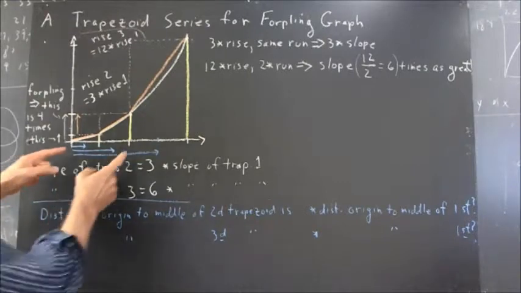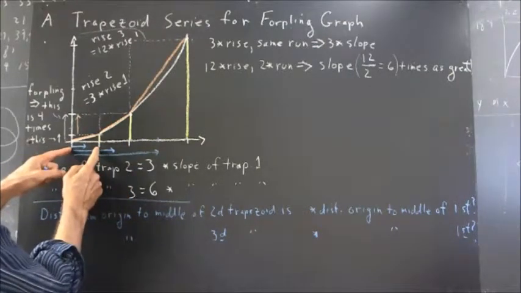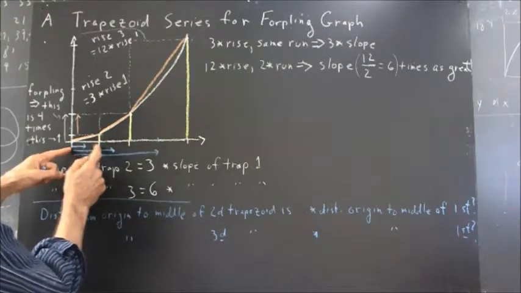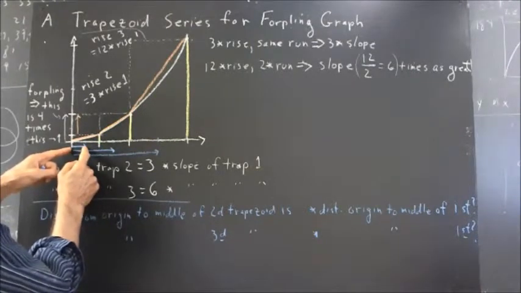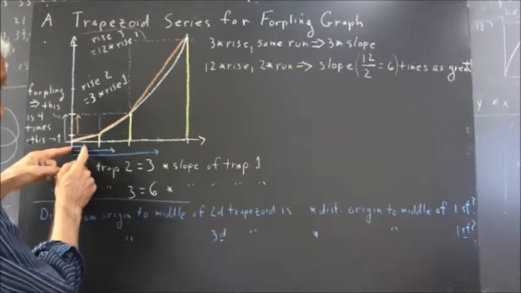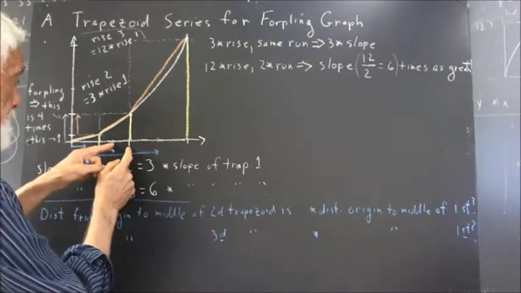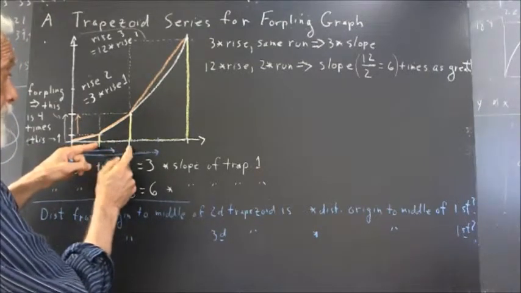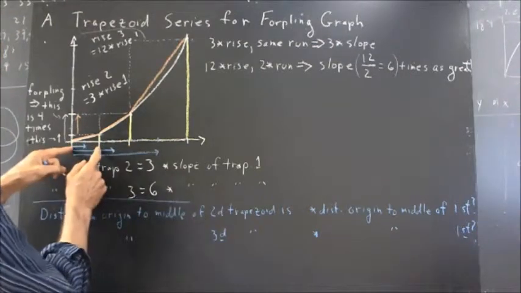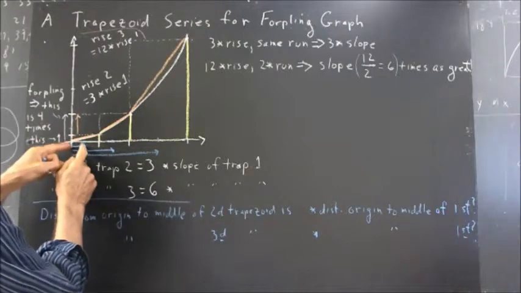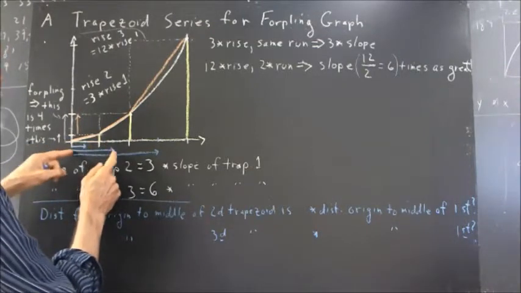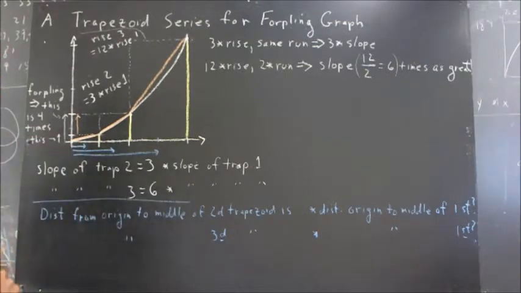Well, this distance is double this distance, and this is half of that distance. Now, this distance has to be equal to this distance, since this distance is half of this distance, which is equal to this distance, so that this has to be a half, and a half, 3 times as great as this distance.